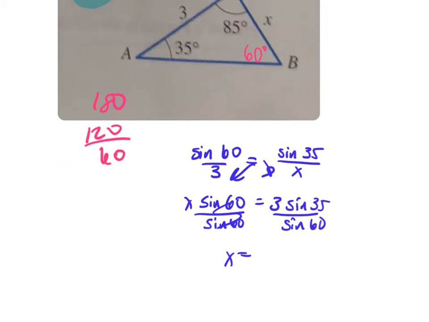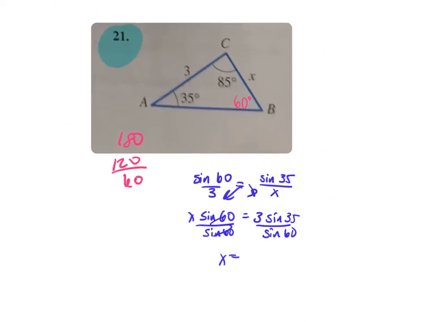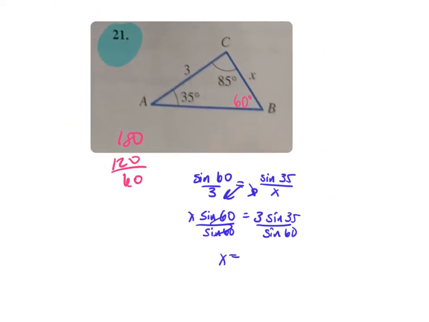Whoops, I didn't record this one. Okay, let's go back. Let me just walk you through what I just did here, guys. If you notice here, this missing angle we can find by adding 35 and 85. It gives me 120. Subtract from 180, get 60. So then I just use this proportion of this side length and this angle.